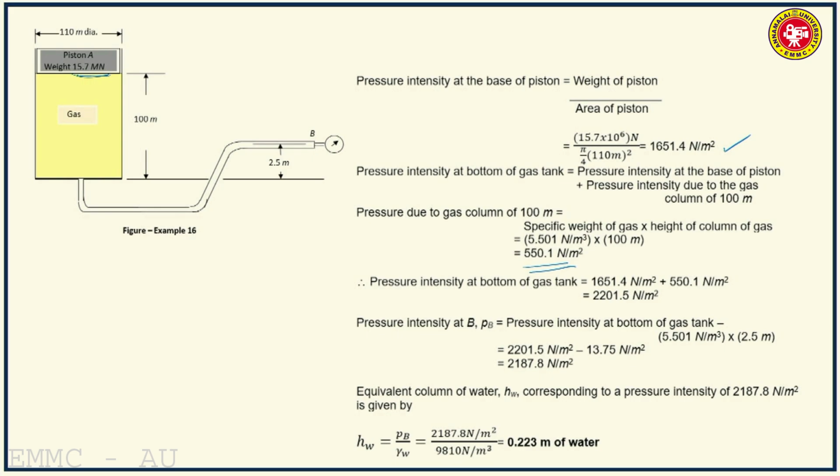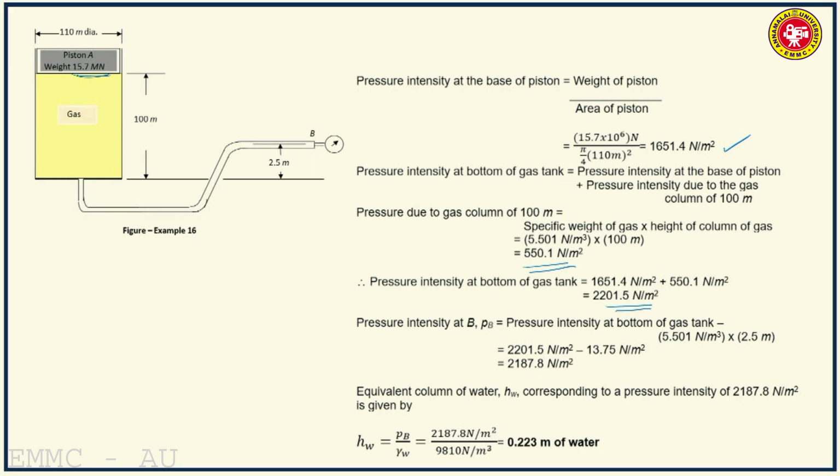So pressure intensity at bottom of gas tank is equal to 1651.4 Newton per meter square plus 550.1 Newton per meter square, you get 2201.5 Newton per meter square. That is, pressure intensity at the bottom of gas tank is equal to pressure intensity at the base of piston plus pressure intensity due to 100 meters column of gas.